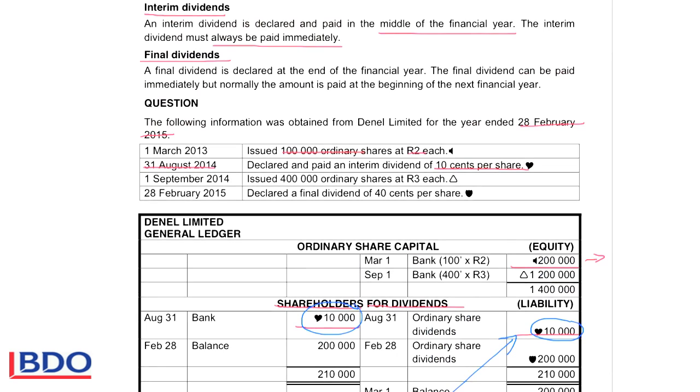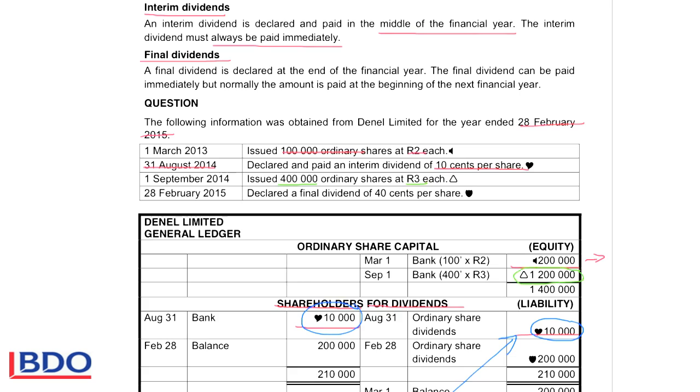Okay. On the 1st of September, the company decided to issue additional shares at R3 each. So they're going to issue 400,000 shares at R3 each. That means 400,000 times 3, the capital will increase with 1.2 million.